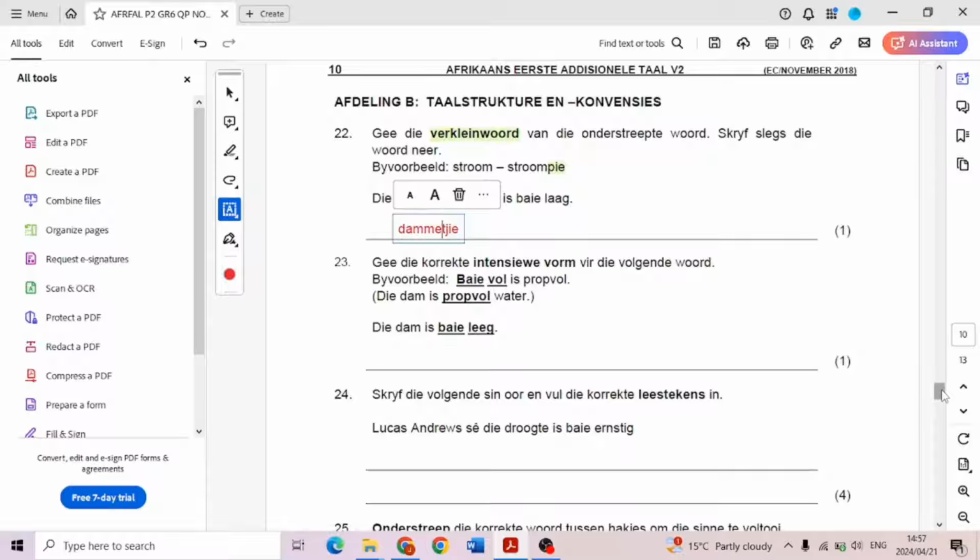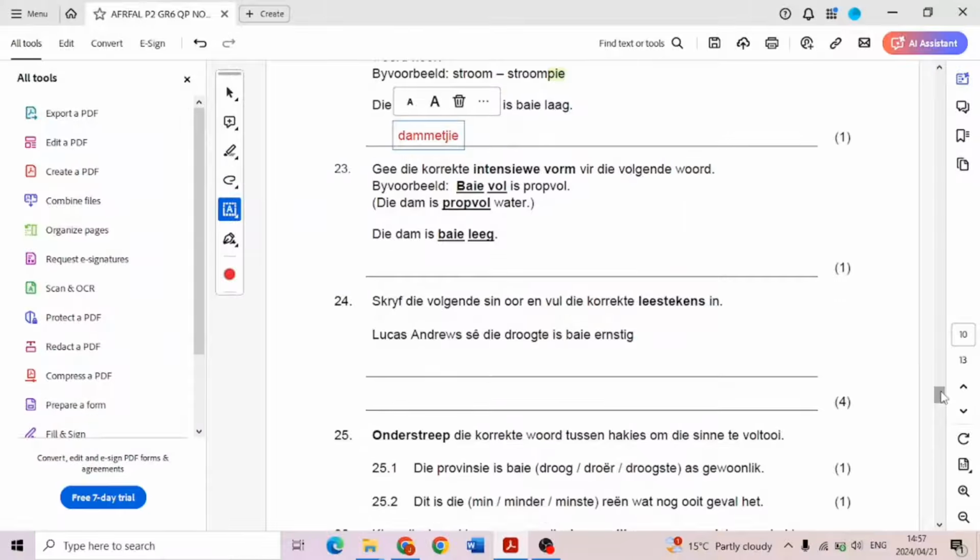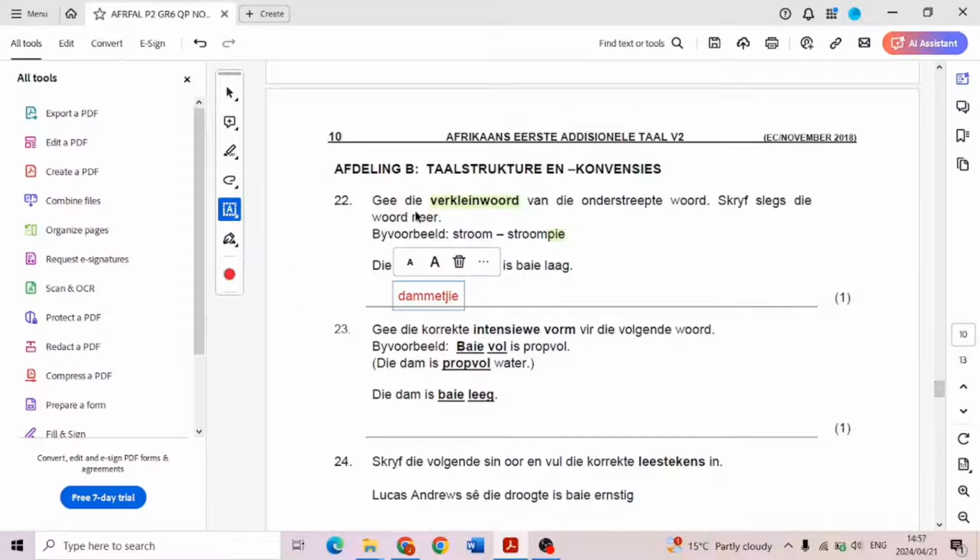Let's move on. So this whole part with verkleinwoord, as you can see, they only asked 1 in this question. They can ask up to 2, which means that you have to study all the words in the summary in order for you just to be able to answer 1 question. But kids who speak in Afrikaans will know this naturally.